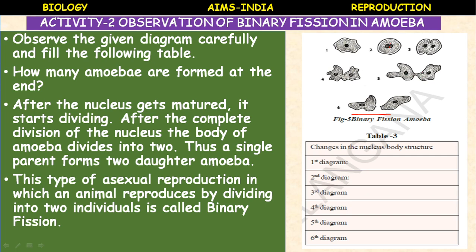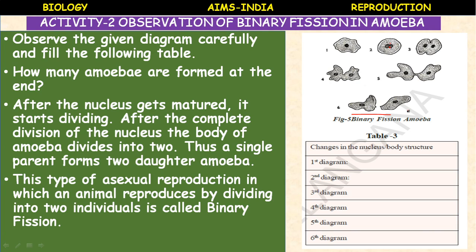In stage 5, a small attachment remains between the two amoebae. And finally in stage 6, you can clearly see two individuals. This kind of fission is called binary fission.